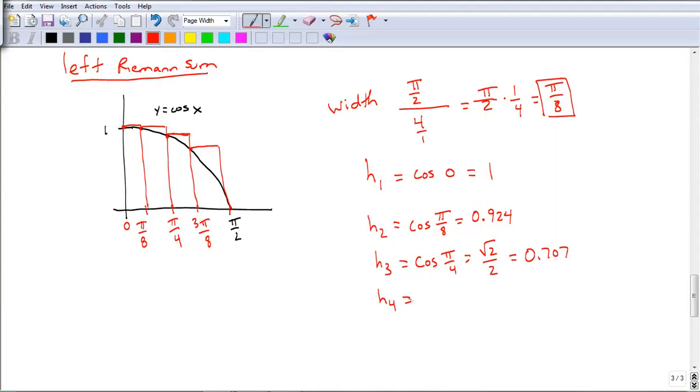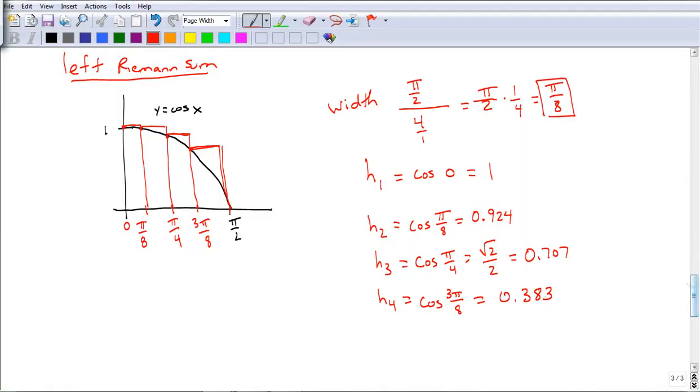The height of the last rectangle, using the left Riemann sum, is where 3 pi over 8 touches the cosine of x. Again, that's not a reference angle, so I use my calculator in radian mode. Cosine of 3 pi over 8 is 0.383.